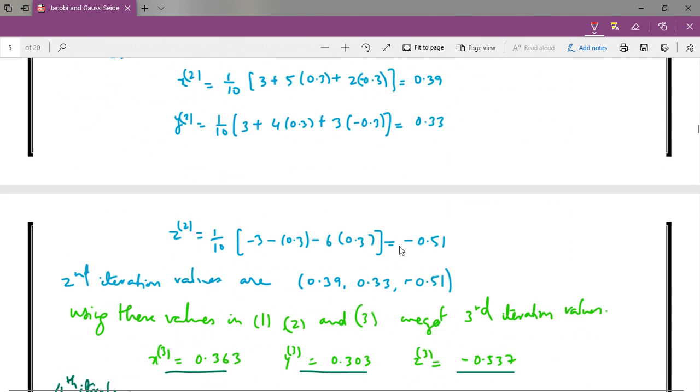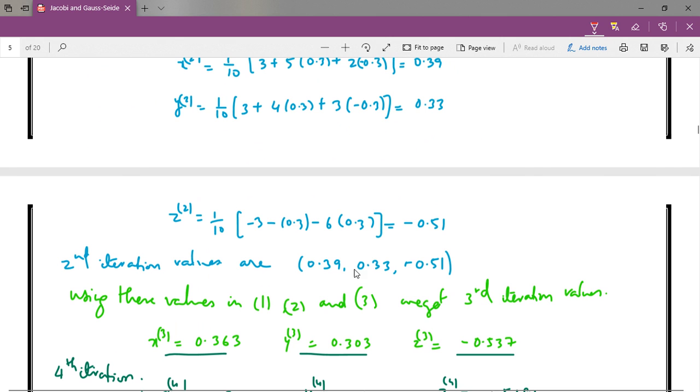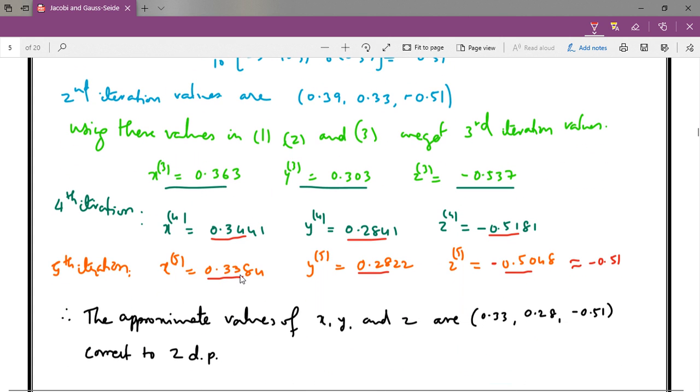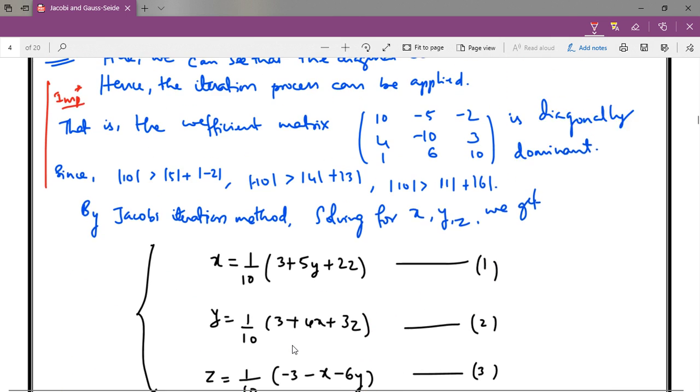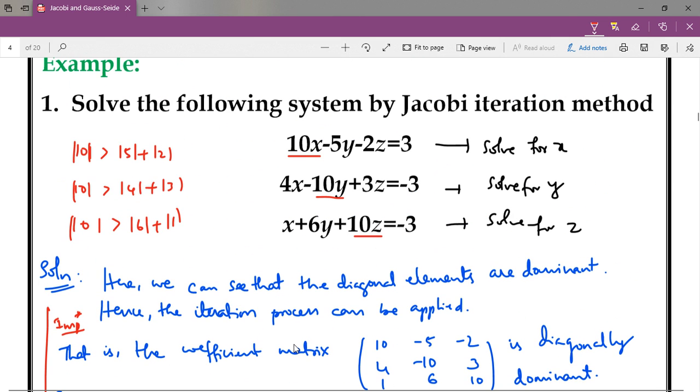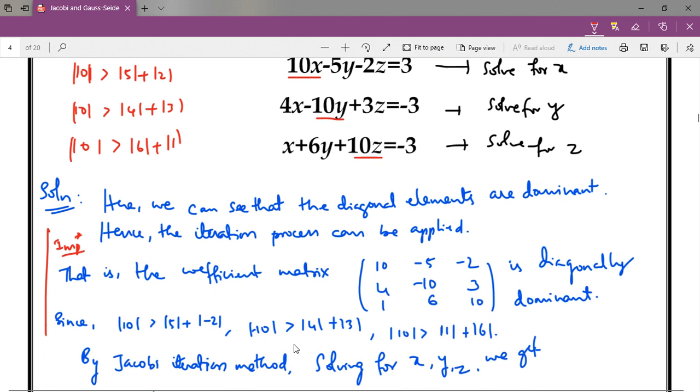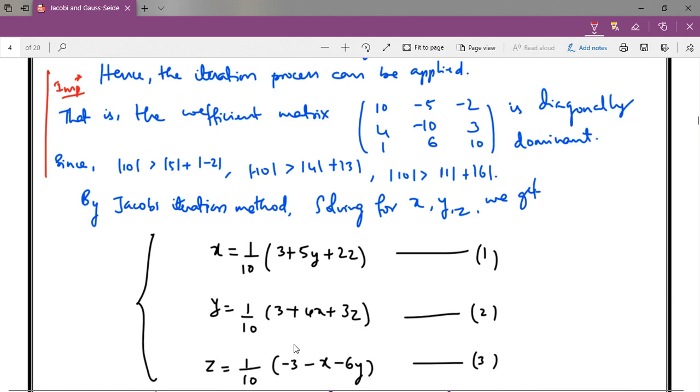Use these values in 1, 2, 3, we get the second iteration, and use the second iterated values in the next one, we get the third iteration, fourth iteration, fifth iteration and so on. Therefore, the approximate values of x, y and z are obtained as 0.34, 0.28 and minus 0.51 corrected to two decimal places. Okay, so this is how we solve a system of linear equations using the Jacobi iteration method.